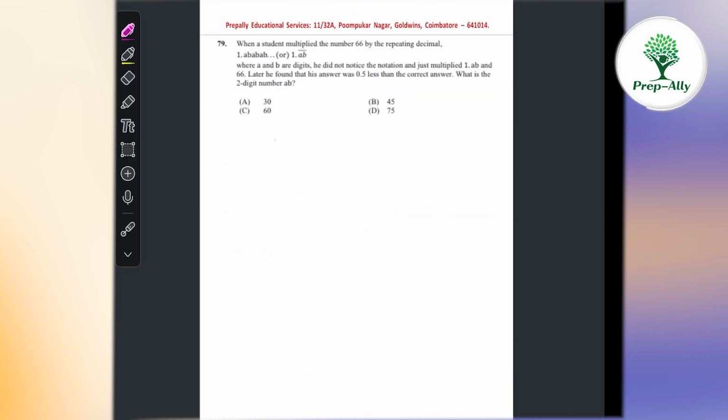Alright, in the 19th question, what's being asked? So a student multiplied the number 66 into 1 point AB bar, right? But he did not notice the notation, so he just multiplied 66 into 1 point AB, right?